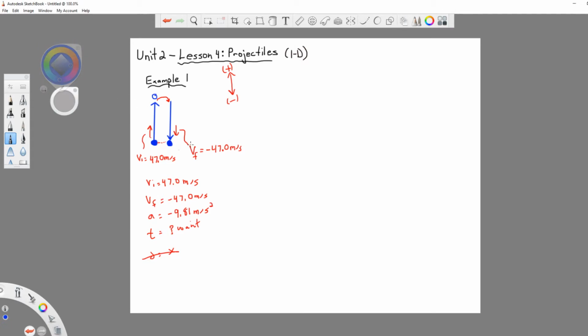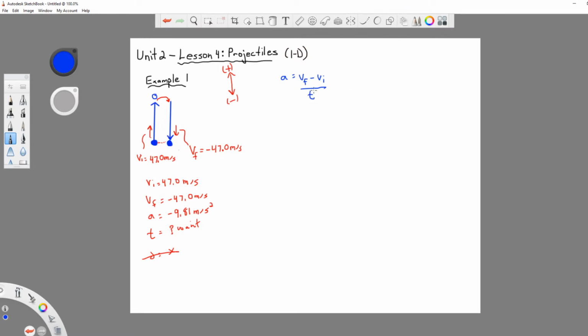Now we have to choose a formula. We're looking for a formula that excludes displacement. If you look on the kinematic sheet, there is only one, and that one is acceleration is equal to VF minus VI over t.